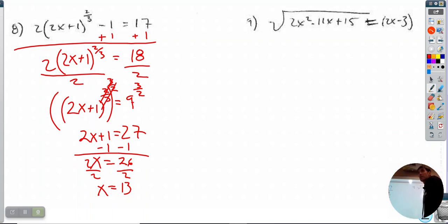All right. So the first thing I'm going to have to do is square this whole thing because I want to get rid of the square root. Now, if I square the left side, I have to square the right side.